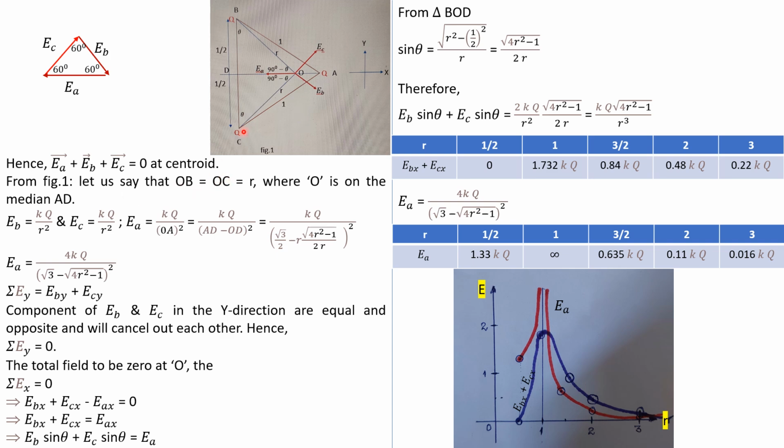OB and OC have been taken as R, since O is on the median AD.